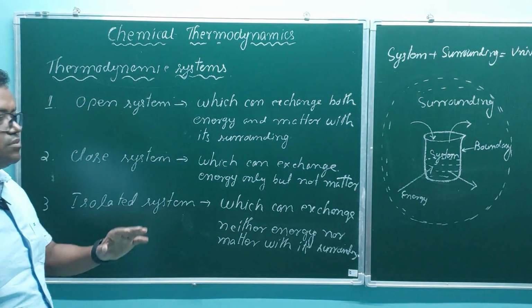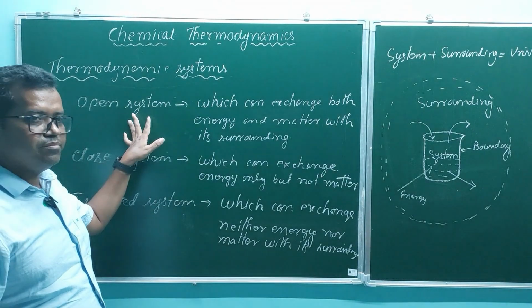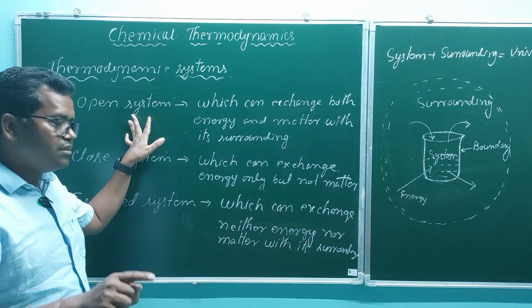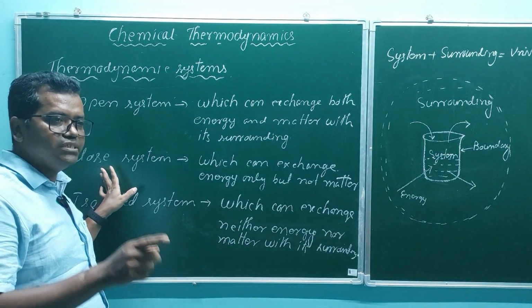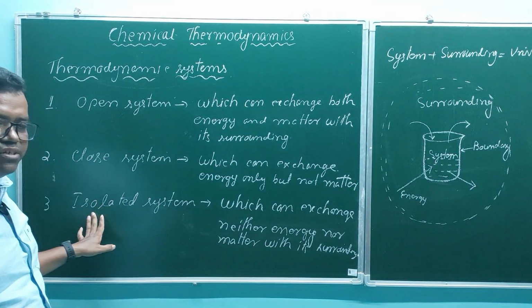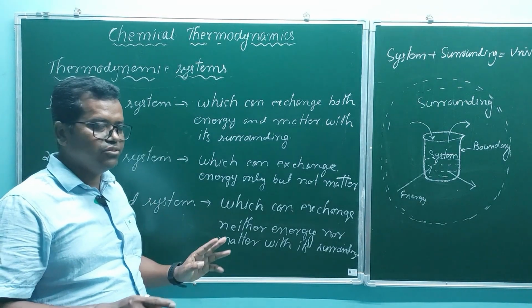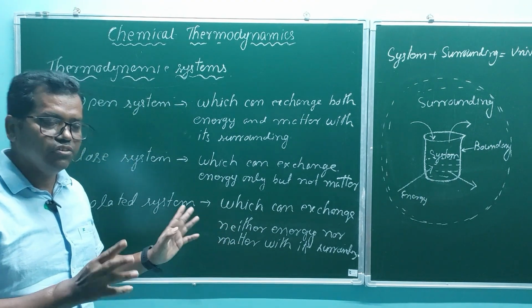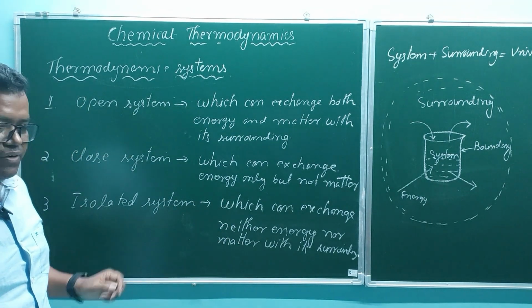So we have understood what is open system, which can exchange both energy and matter, what is closed system, which can exchange energy only, not matter, and isolated system, which can exchange neither energy nor matter with its surrounding.